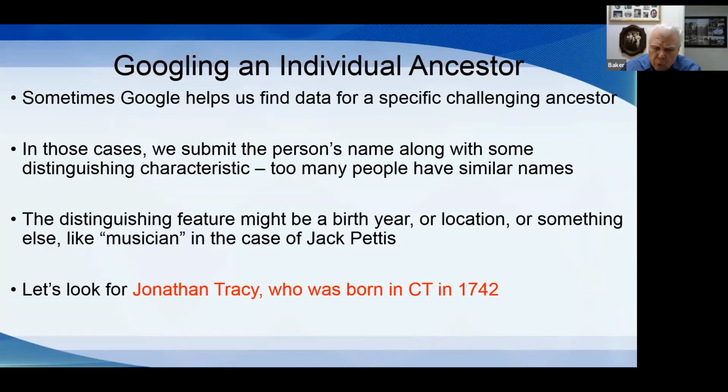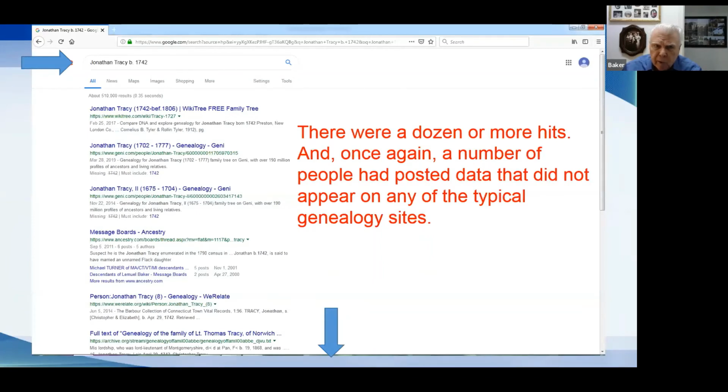Now, sometimes you can Google an individual ancestor. Maybe it's an especially challenging ancestor, or maybe there's something special about the person, just like we did with Jack Pettis. So, here is my man Jonathan Tracy, who's born way back when in the 1700s.